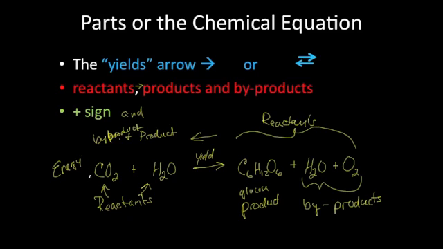And in photosynthesis, if the reaction was producing glucose, the energy source would be the sun. If the reaction was going the other way, where we're using oxygen to get the chemical energy out of a glucose molecule like we do when we run around and we live, the energy given off will be in the form of heat energy, okay? So the yields arrow basically indicates the direction of the reaction, okay?